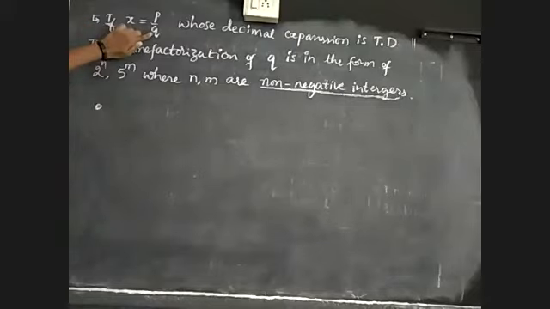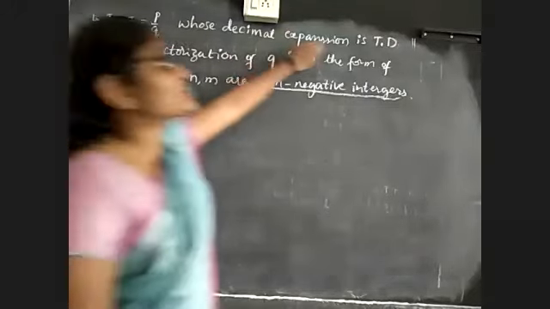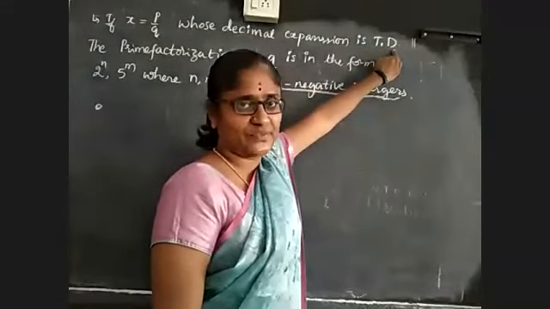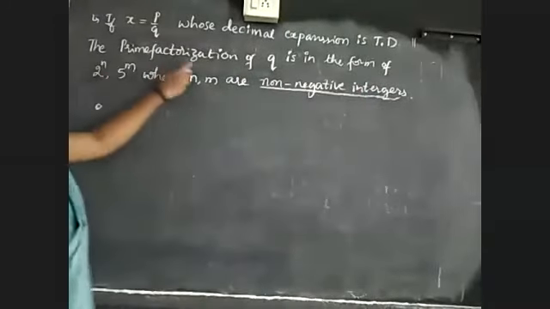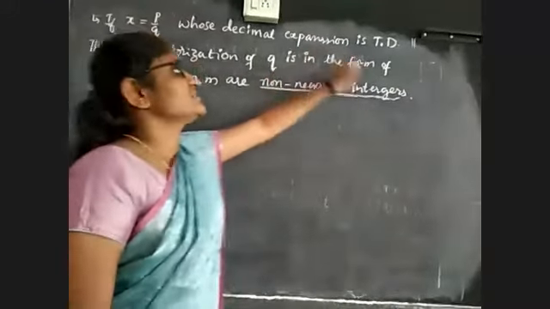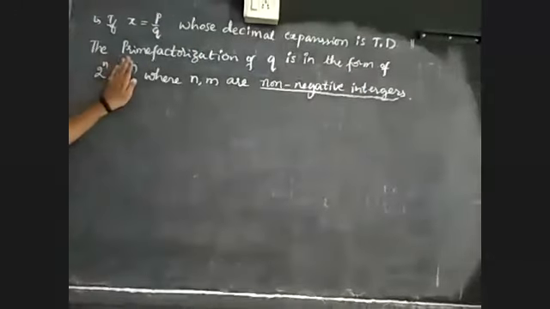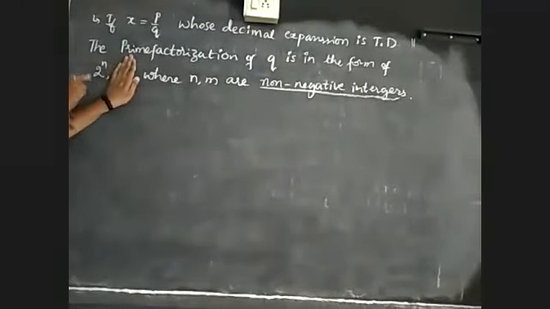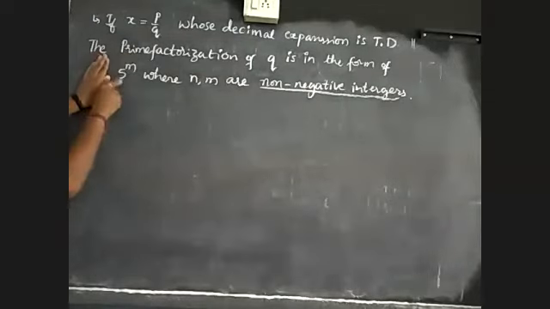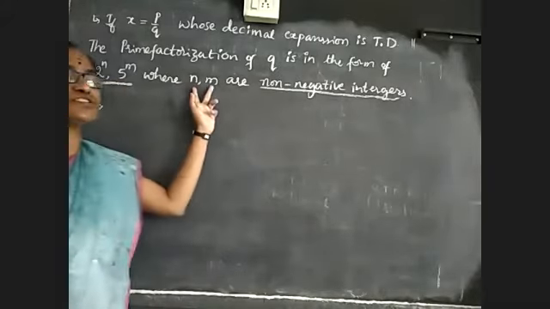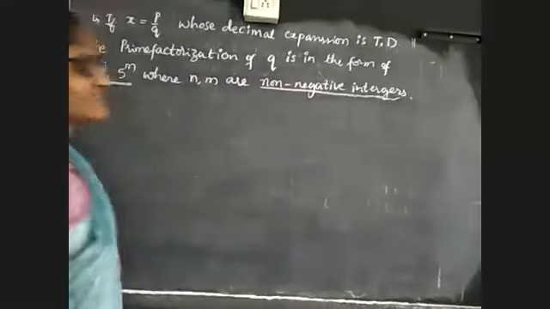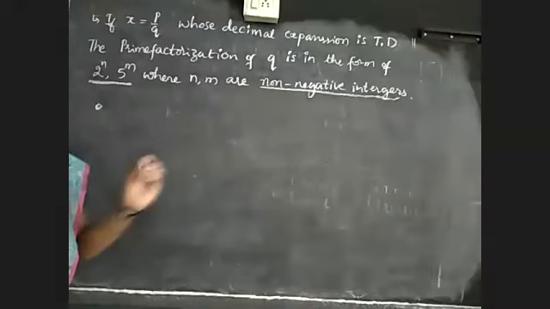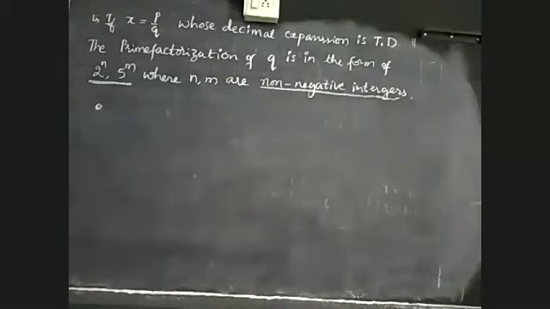If x is a rational number whose decimal expansion is terminating, the condition is that the prime factorization of q is in the form of purely 2 powers, purely 5 powers, or both, where n and m are non-negative integers.